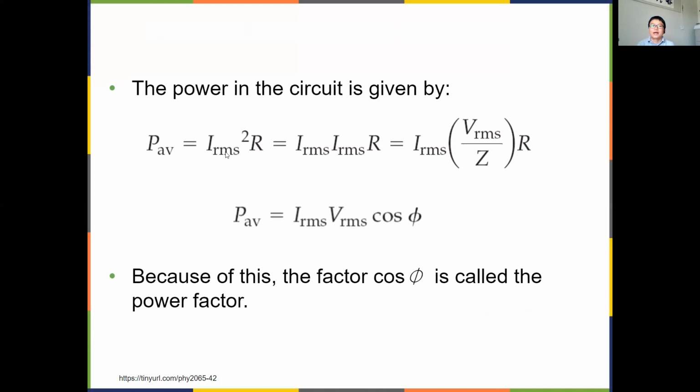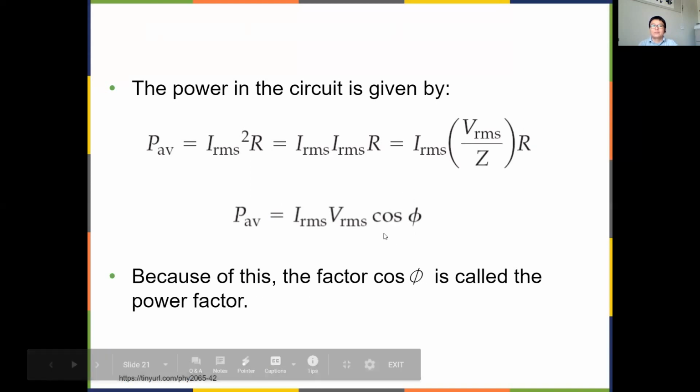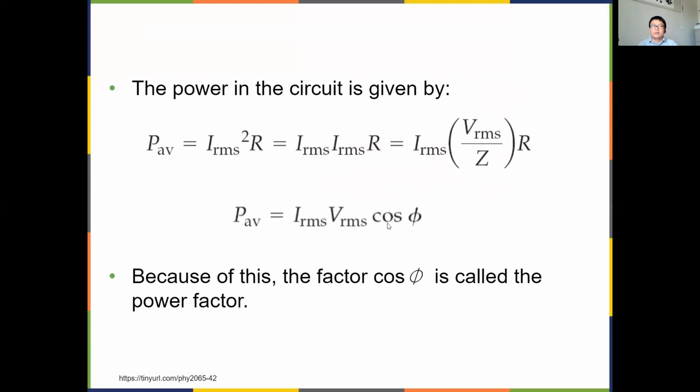So I RMS squared times R will be the power consumed by the resistor, and you can write one of the I RMS as V RMS divided by Z. Then power is equal to I RMS V RMS times R over Z, and R over Z is cosine of phi. This factor cosine phi is called the power factor. That tells you how much power is consumed.